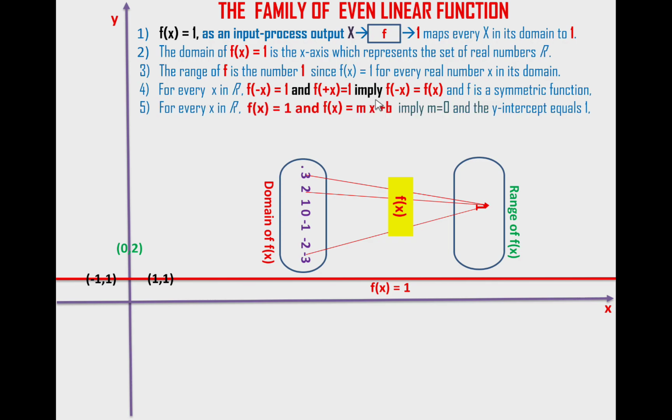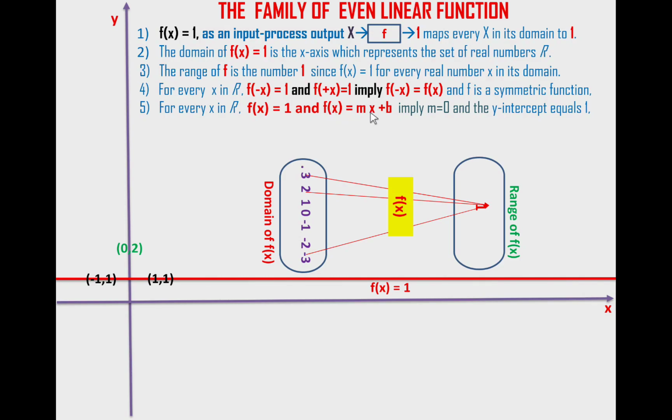The next characteristic is the following. For every x in its domain, which is the x-axis, f of x equal to 1 is a linear function. And the general formula for a linear function is f of x equal to mx plus b. Since f of x equal to 1 is a linear function, it must be representable by the general formula.